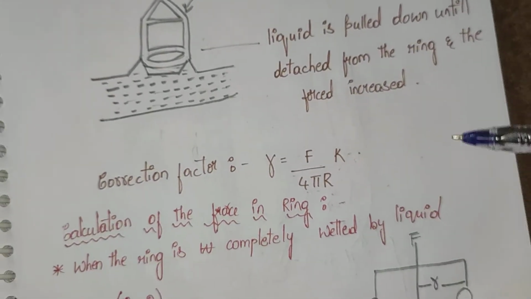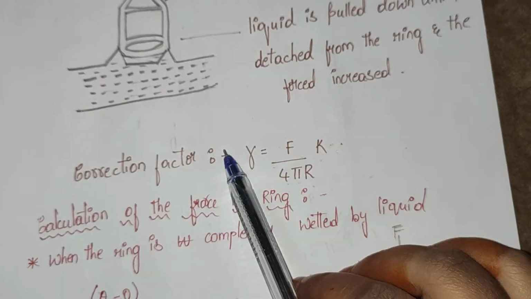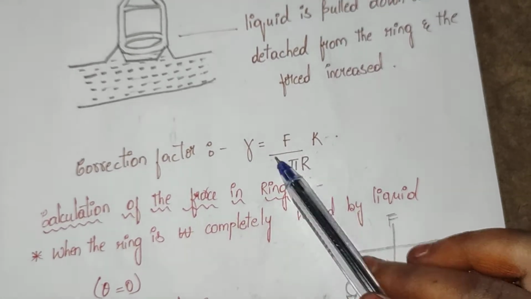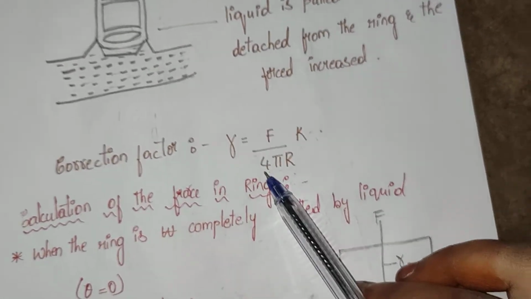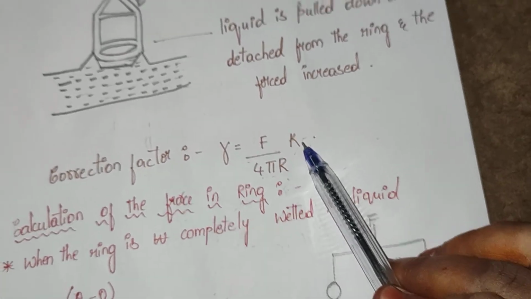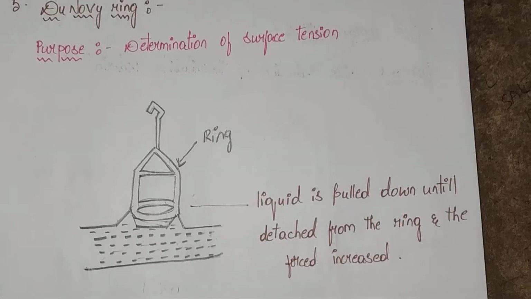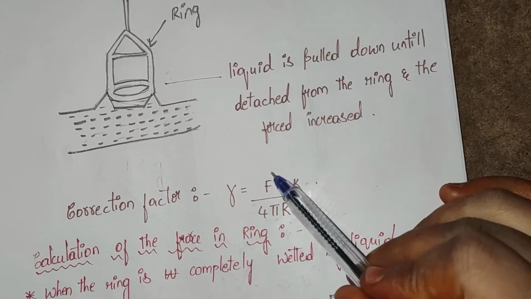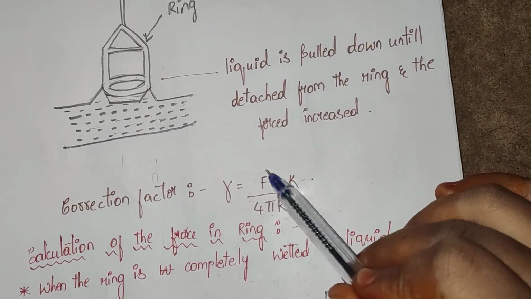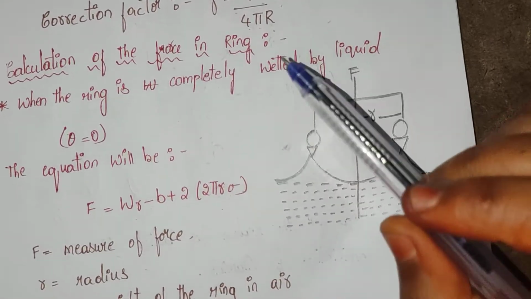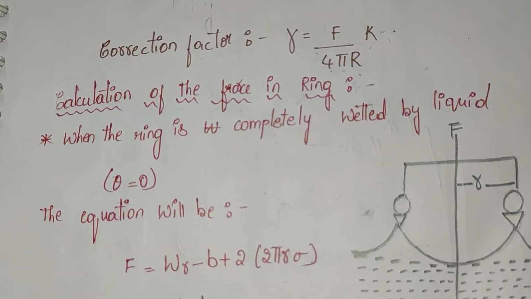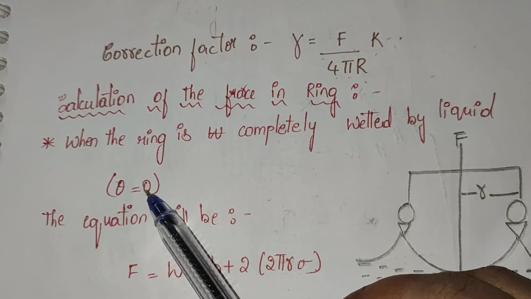Here is the formula. Gamma is equal to F, the force, divided by 4 pi r into K. It is the formula to determine the surface tension. To determine this force we have another formula, where the ring should be completely wet. When it is wet, theta becomes 0.